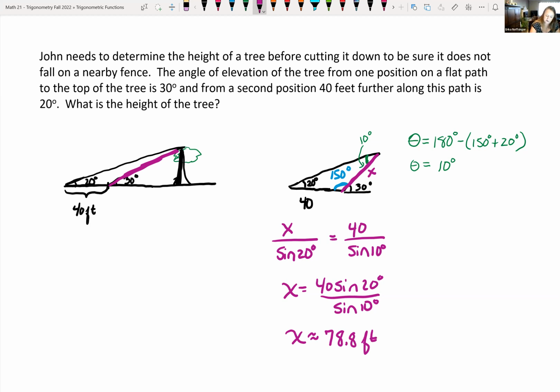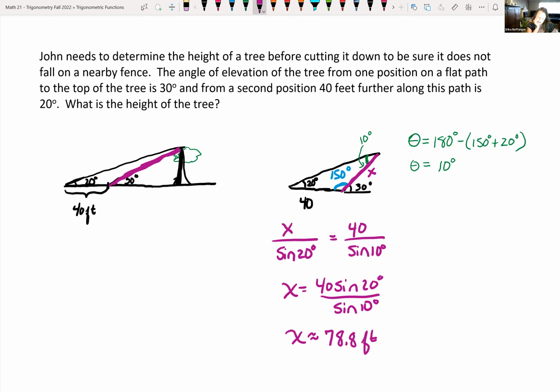So if we know this angle in here, not angle, side. I'm not sure that we can assume that this is a right triangle in here.